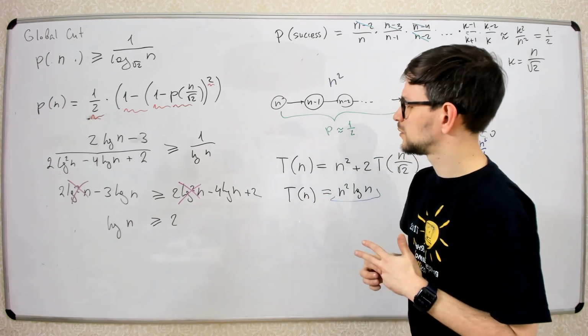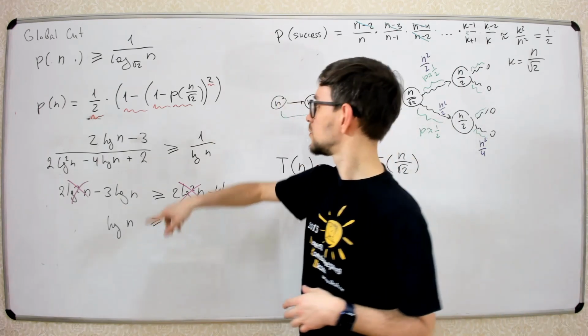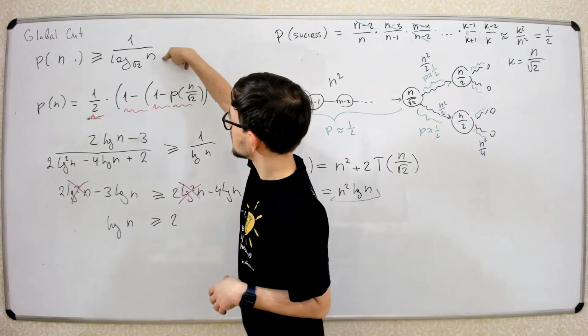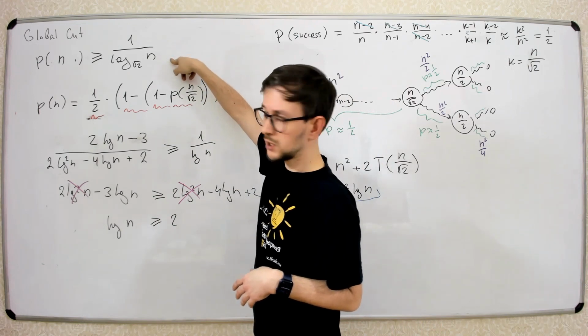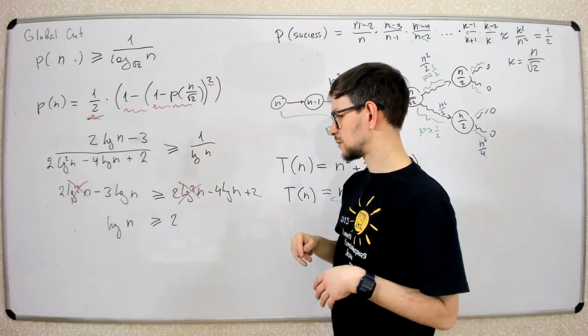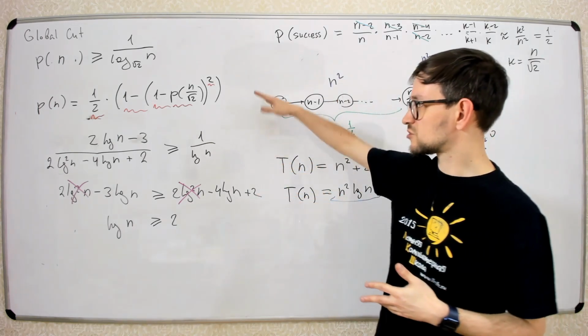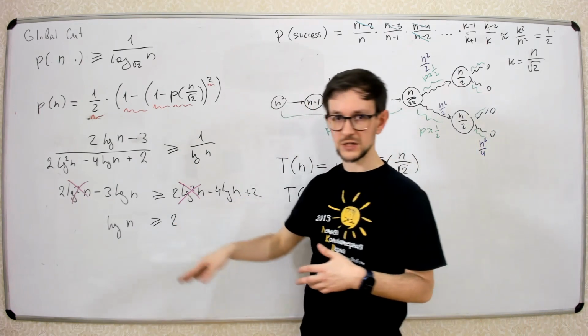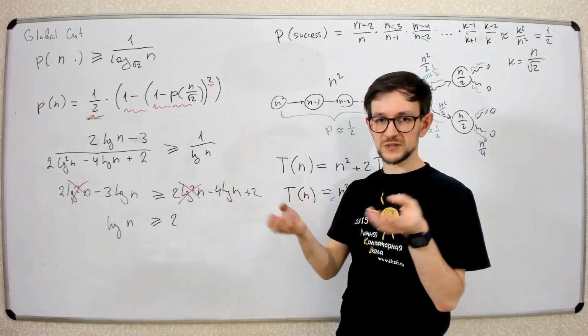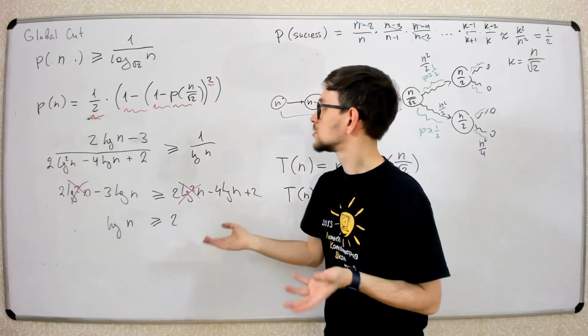Well, if you want the transition to work for all logarithms, you need to add something here. You can add some constant here to make something better, but even like this it is good enough. So this transition works for all logarithms starting from 2. For all logarithms less than 2, you can just prove this as a base case of your induction. It's good enough.